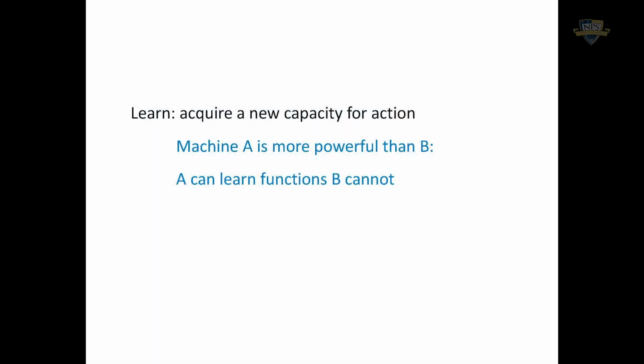When we use the term learning, we simply mean that the machine, or a human being if the human being is learning, or an animal if it's an animal learning, acquires a new capacity for action, a new function that it didn't have before. We're trying to be a little bit formal about it. We could say one machine A is more powerful than another machine B if A can perform functions that B cannot.